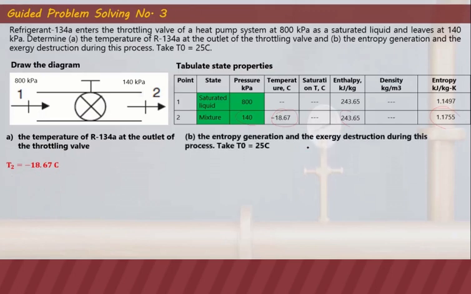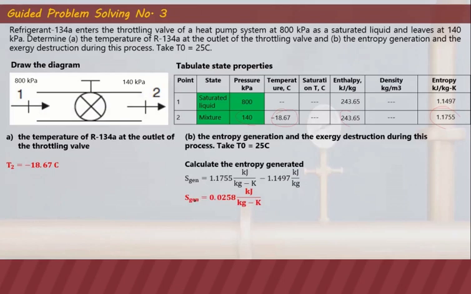And for the entropy generation and exergy destruction during this process, the entropy generation can be computed as just S2 minus S1. That's why we just deduct S1 from S2, then we can get the entropy generated as 0.0258 kilojoules per kilogram Kelvin.